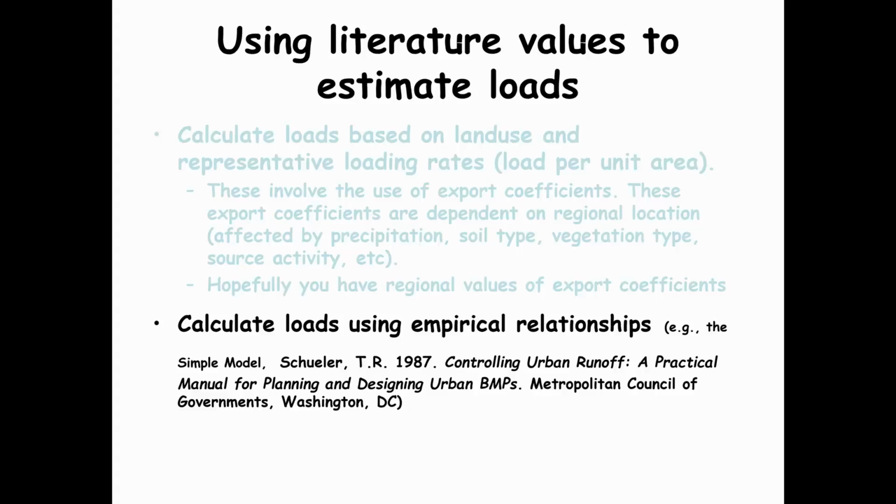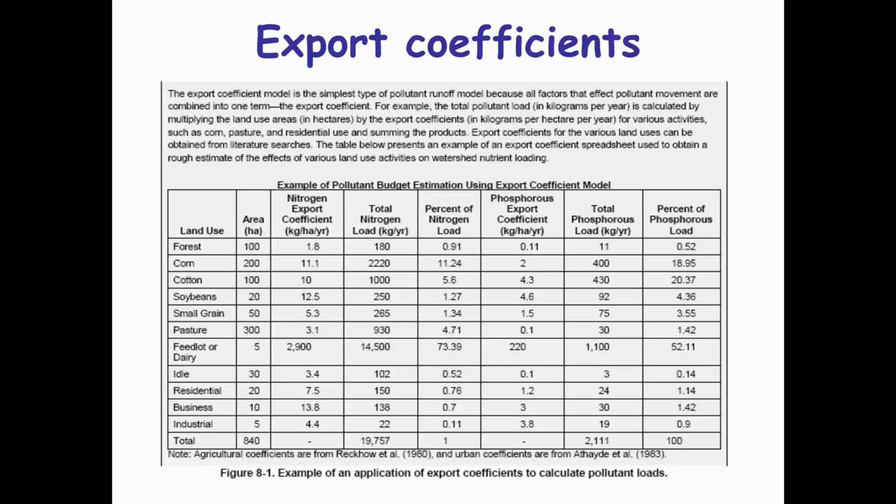This model uses tabulated regional loading rates data that are derived from monitoring or experiments, and from that you're able to estimate the load coming from an area, maybe a watershed, that's composed of a number of different land uses.